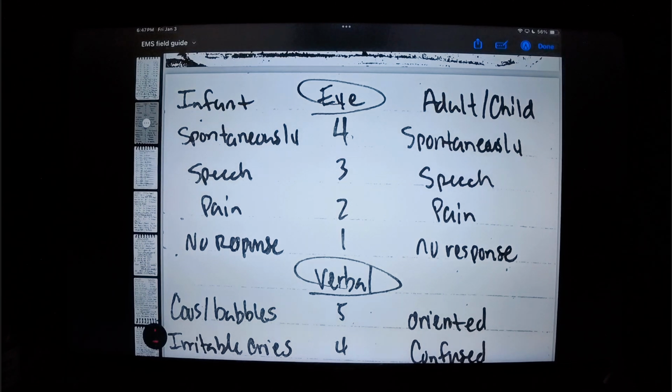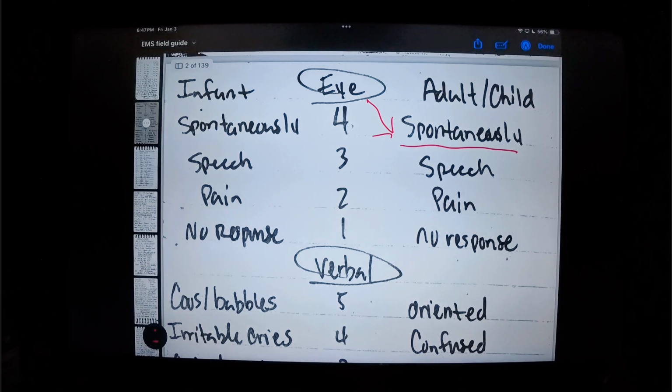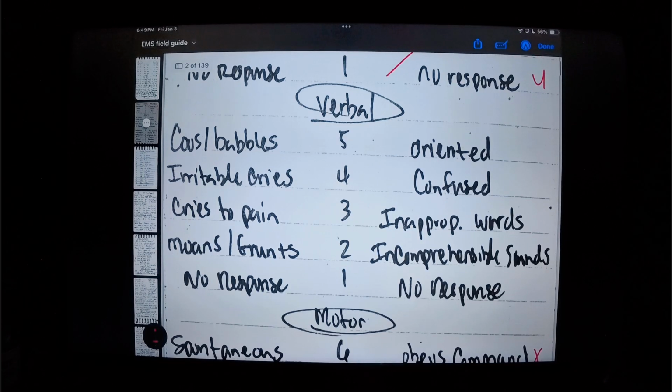Well, that correlates to GCS. We're going to eventually add numbers, but this is where we go: A, V, P, U. The first part, level of responsiveness, you already did when it comes to level of consciousness and GCS. Same thing. Speech, pain, no response.